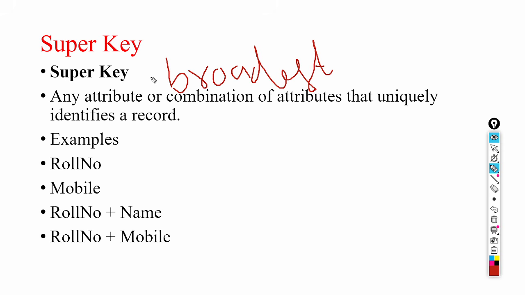An attribute or a group of attributes that can uniquely identify a record is called a super key. A super key may contain extra attributes also.